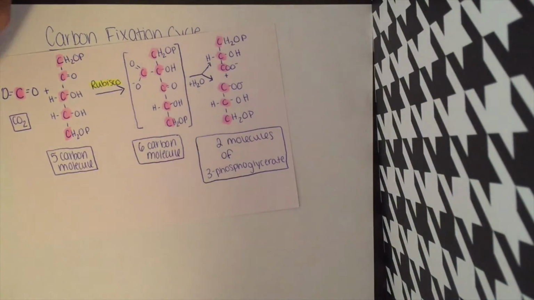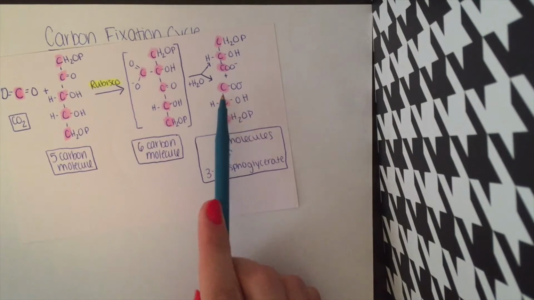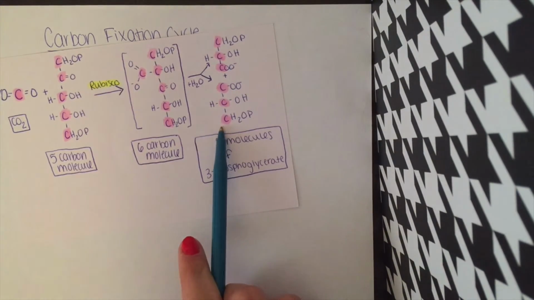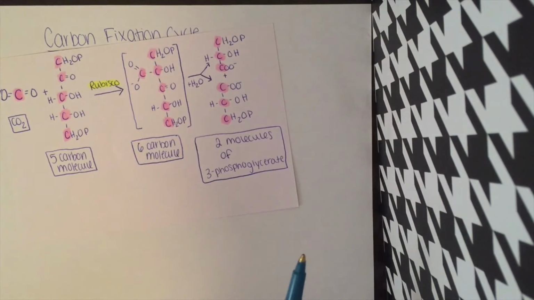These 3-carbon molecules at the end can then go on to be stored as starch, or they're consumed to create ATP, and that actually gets done by the mitochondria.